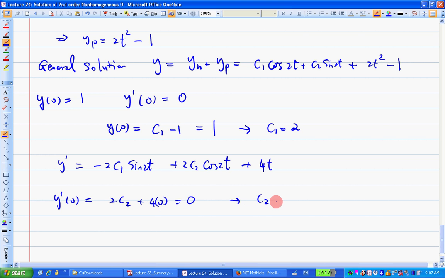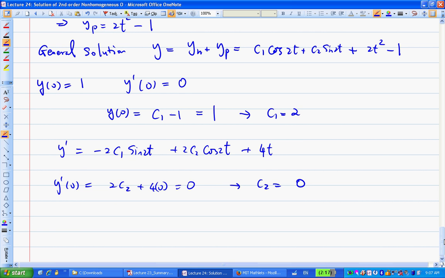That means c2 equals 0. So the key point is when you solve an initial value problem and calculate y prime, make sure you do it with respect to the whole general solution, not just the yh here, right? Any questions? All good?